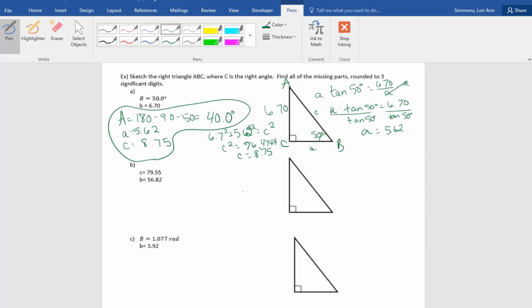Next example: we'll name this C, and then we can name this A and this B. Side C is 79.55, and side B is 56.82. So let's find the remaining side. We can use Pythagorean's theorem again. A squared plus 56.82 squared equals 79.55 squared.